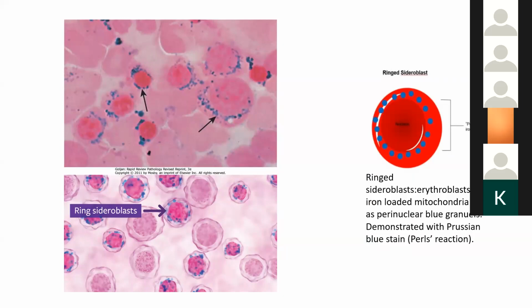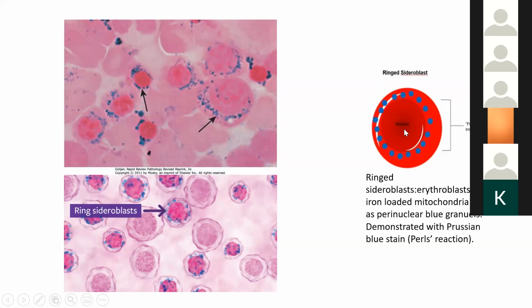And these iron-loaded mitochondria tend to form a ring around the red cell nucleus. If you can see in the diagram on the right, you can see these mitochondria containing iron. They're forming a ring around the nucleus of the developing red cell, or the erythroblast.